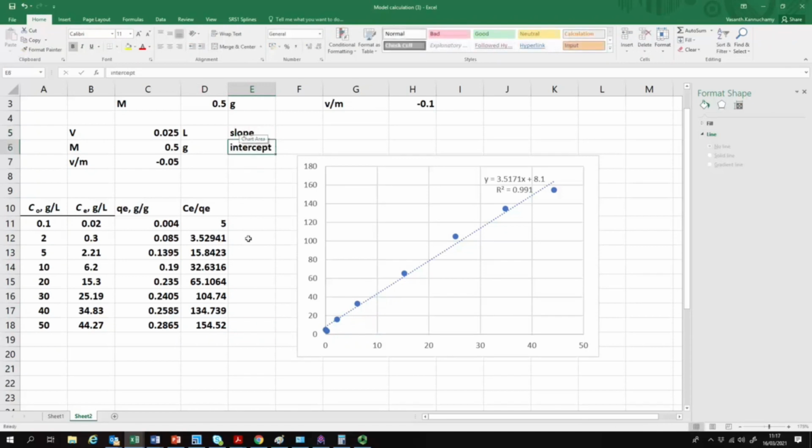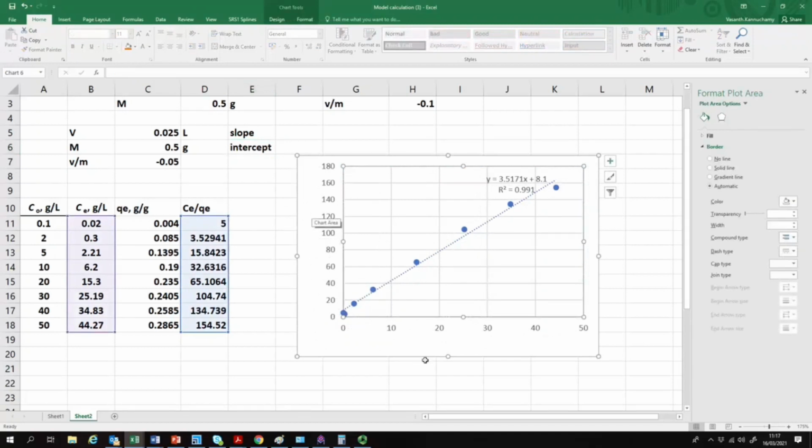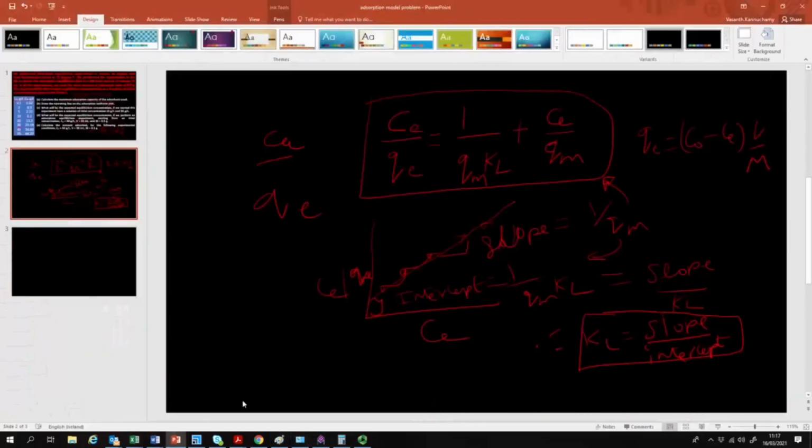In the exam, you have to write clearly on the graph sheet. In the x-axis we have CE, in the y-axis we have CE by QE, and so on. And you also have to write what your slope is and what your intercept is.